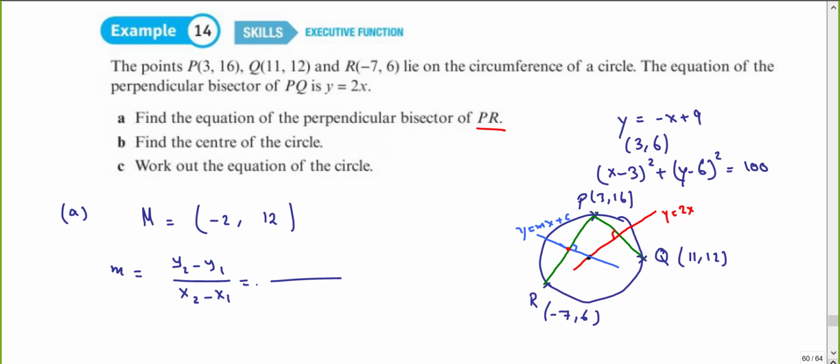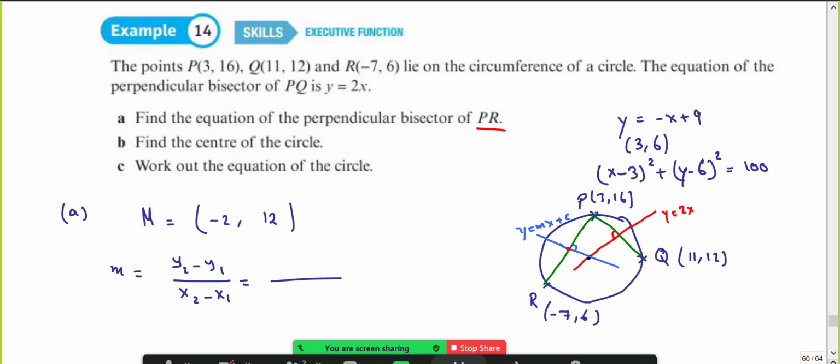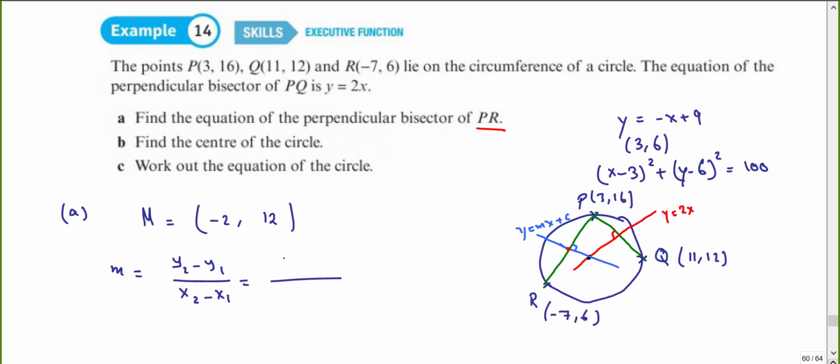Wait, are we using the points 11, 12, and minus 7 and 6? We are trying to find the gradient of what exactly? Of the blue line. We cannot find the gradient of the blue line because we don't have 2 points. We need 2 points to find the gradient. We don't have 2 points on the blue line. So what to do instead? We find the gradient of the green line, PR.